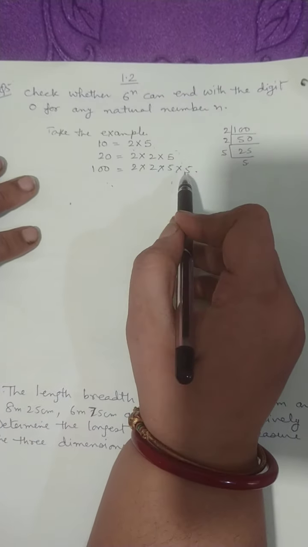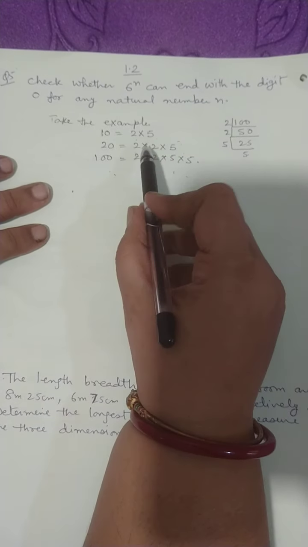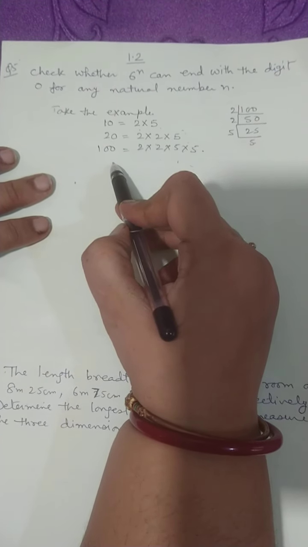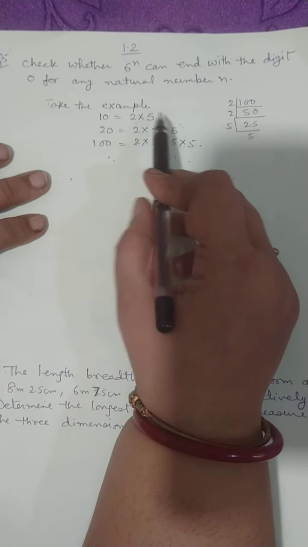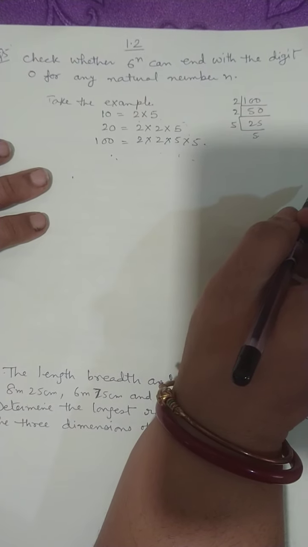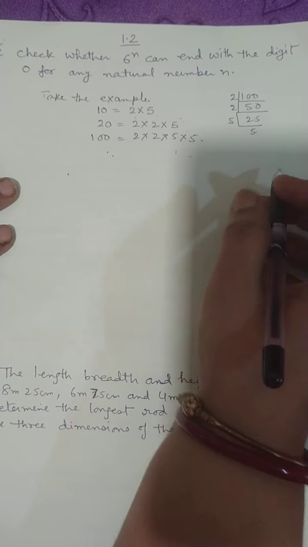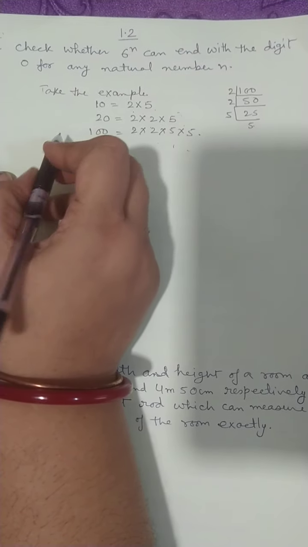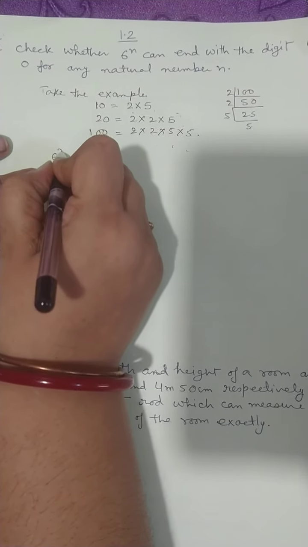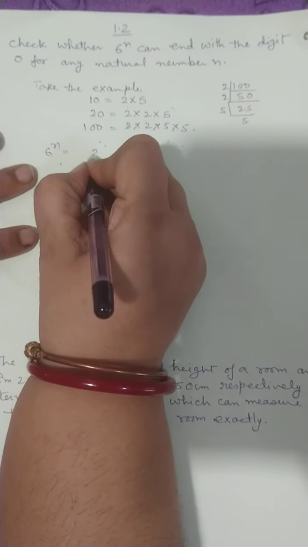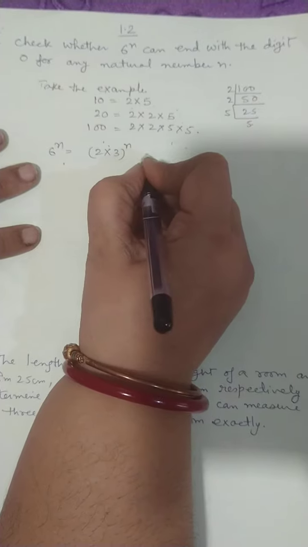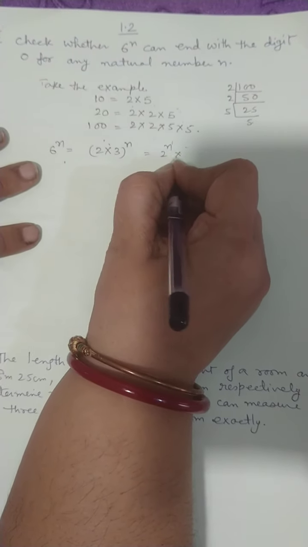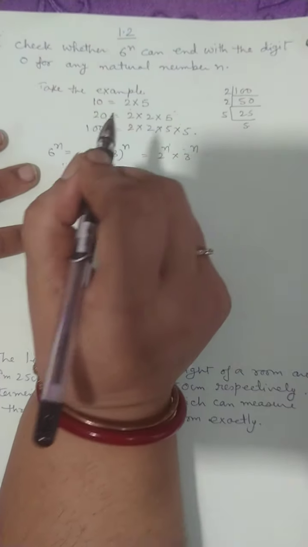So what do we conclude? If a number ends with 0, then in its prime factorization the factors should be 2 and 5. Now let us see 6 to the power n. 6 to the power n we can write as (2 into 3) to the power n, or 2 to the power n into 3 to the power n.